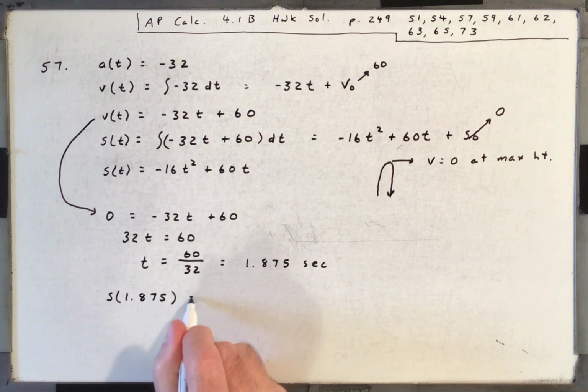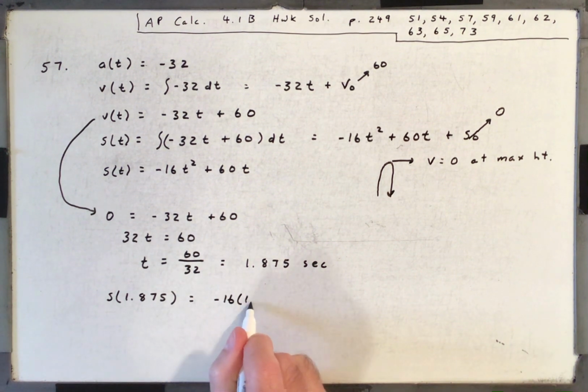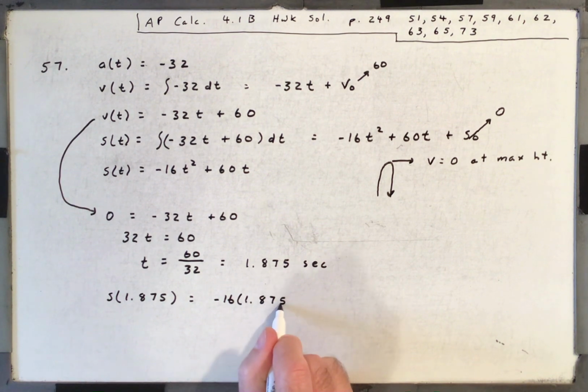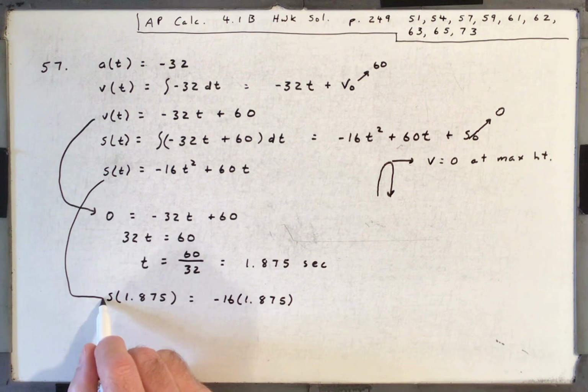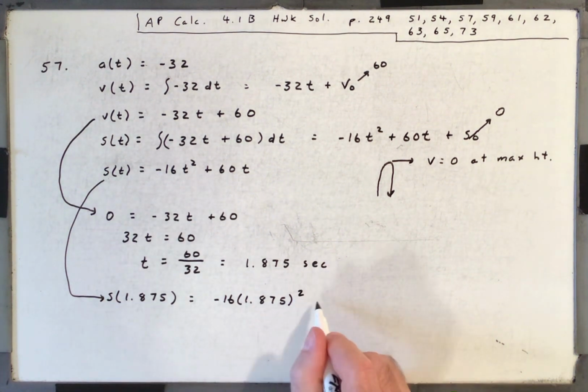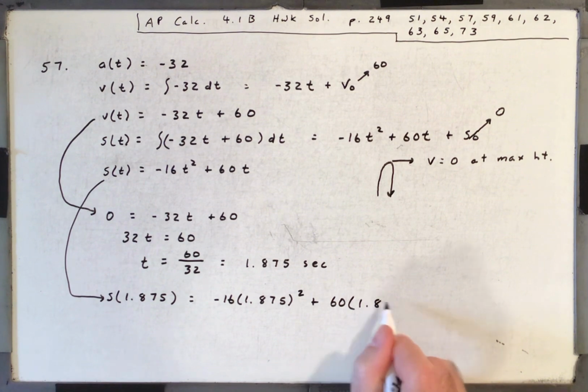1.875. So that's minus 16 times 1.875. Don't forget to square that, right? We're using this equation. Plus 60 times 1.875.